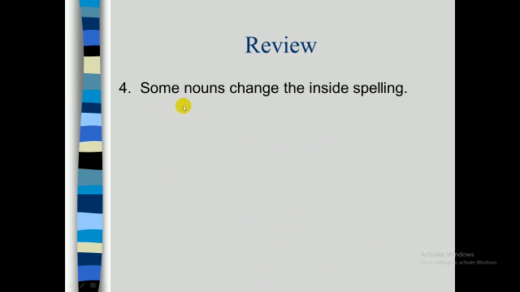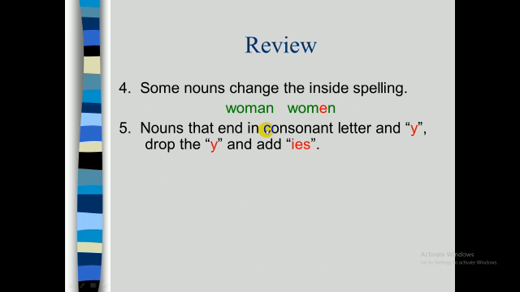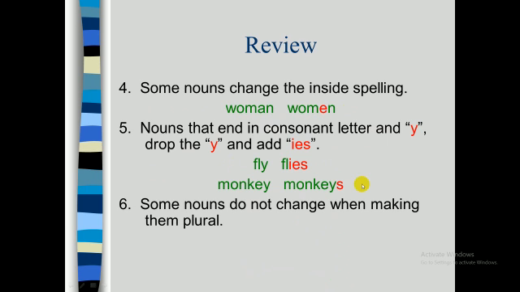Number 4, some nouns change the inside spellings. For example, woman, women. Number 5, nouns that end in consonant letter and Y, drop the Y and add IES. For example, fly, flies. Monkey, monkeys.